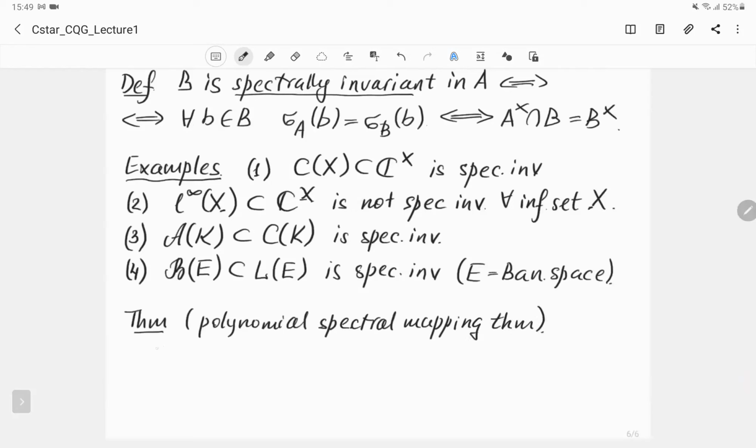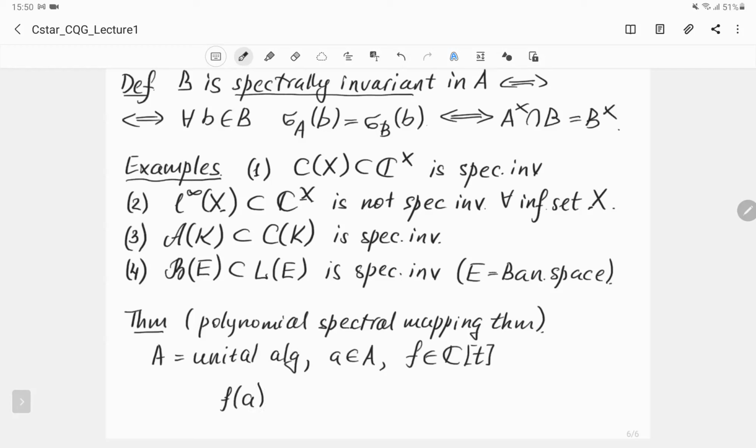So suppose we have a unital algebra A, an element little a of A, and a complex polynomial f of one variable. Then we can consider the element f of a.